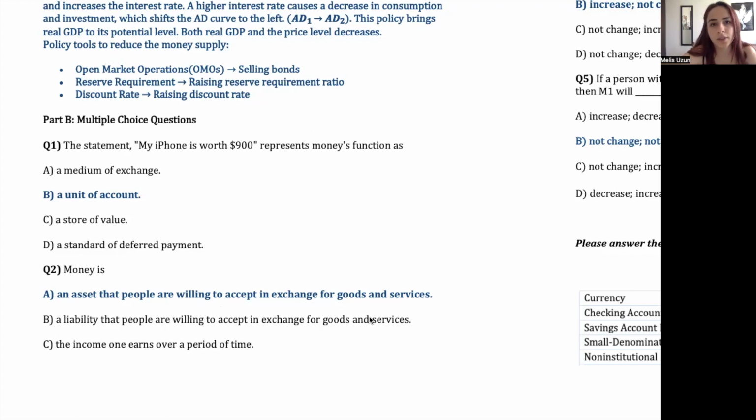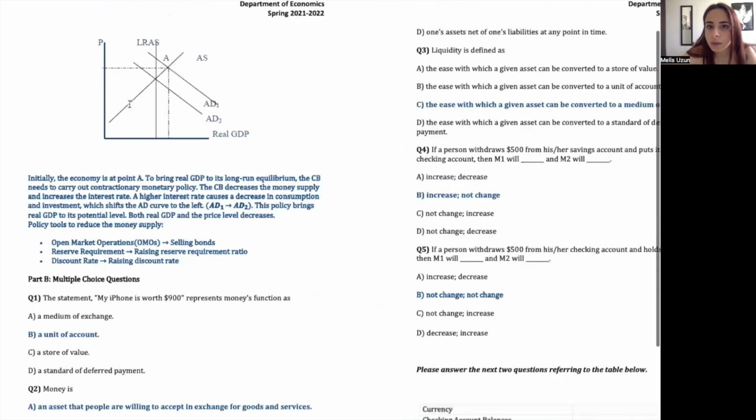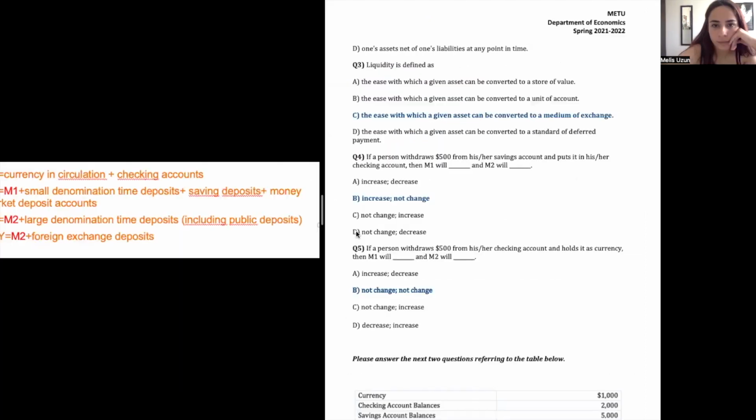It's basically a definition. So I'm passing to the third one. Again, it's a definition. Liquidity is defined as the ease with which a given asset can be converted to a medium of exchange. So let's look at question 4.